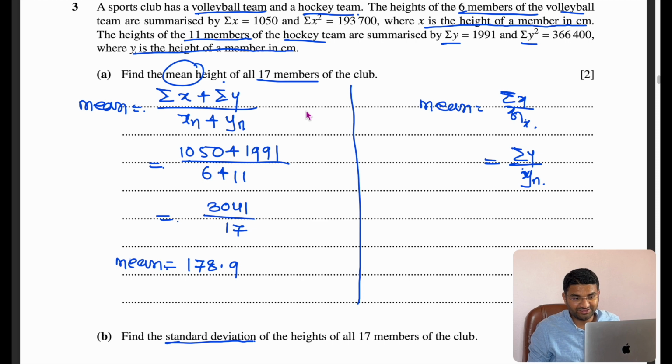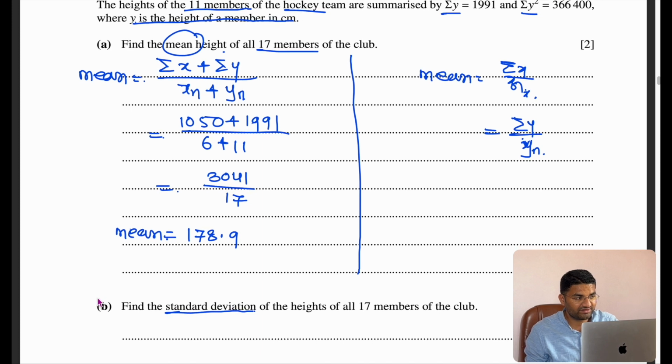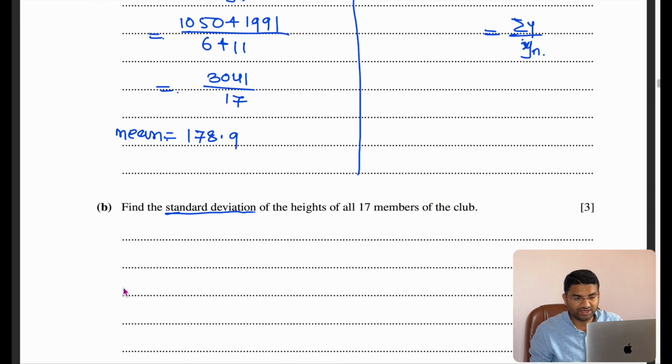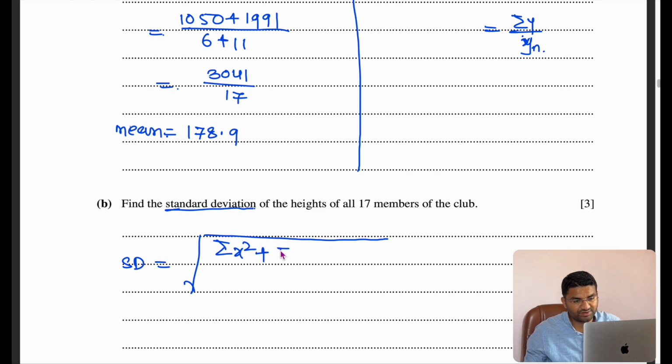Then next, you have to calculate the standard deviation for all the 17 members in the club, right? For the standard deviation you have one formula: take summation of x square plus summation of y square, divided by n of x plus n of y, minus the mean square.